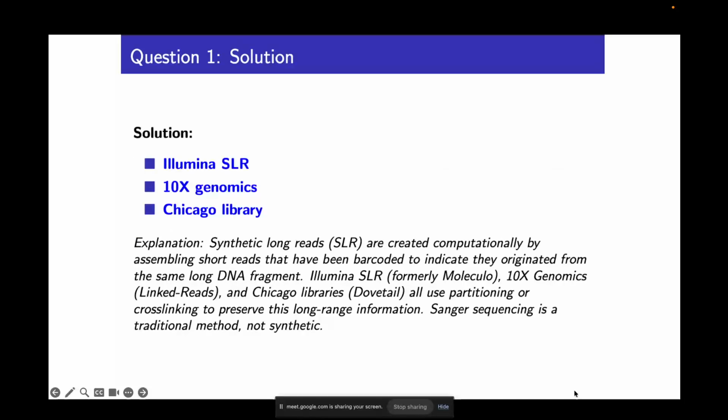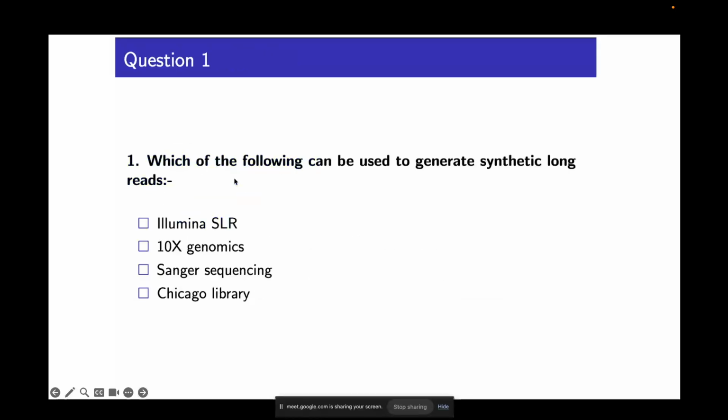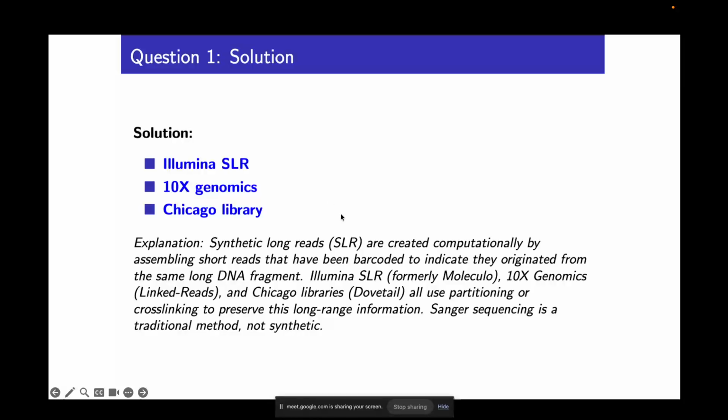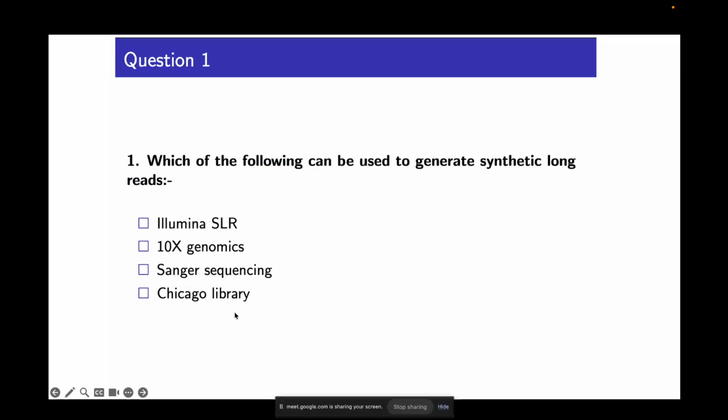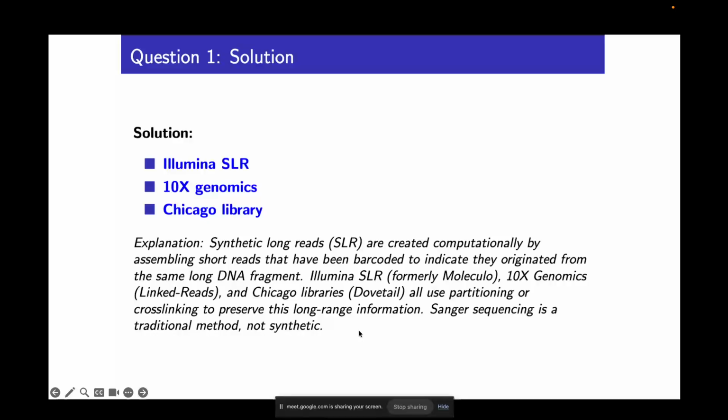The answer is basically option B, as SLR stands for synthetic long reads, firstly, right? So across all three you can do it, just that you cannot do it in the Chicago library because they use partitioning and cross-linking to preserve this long-range information.